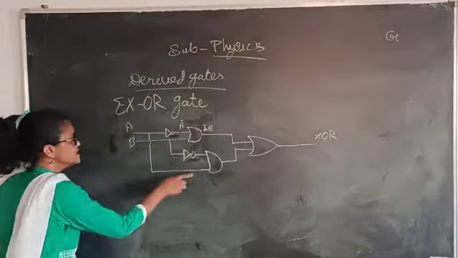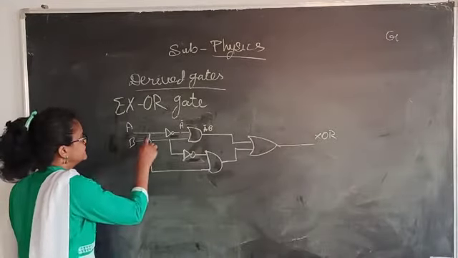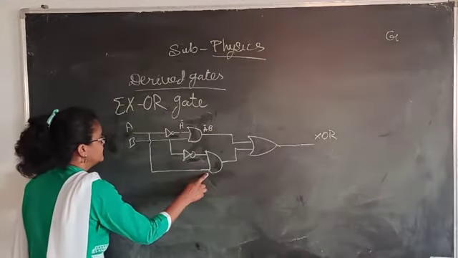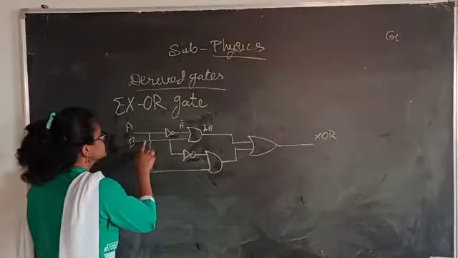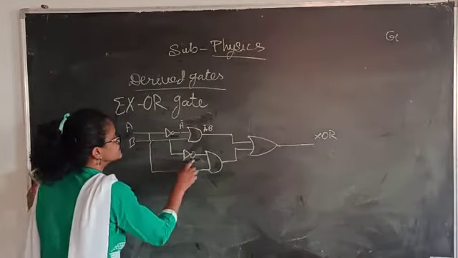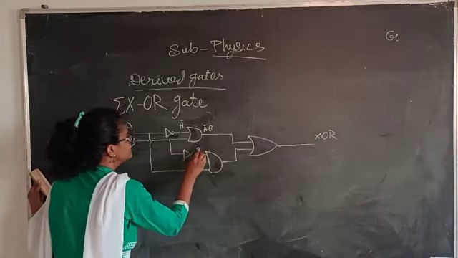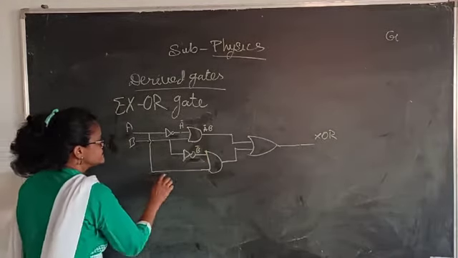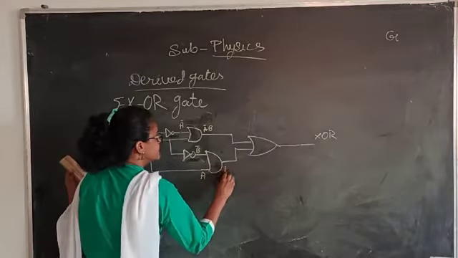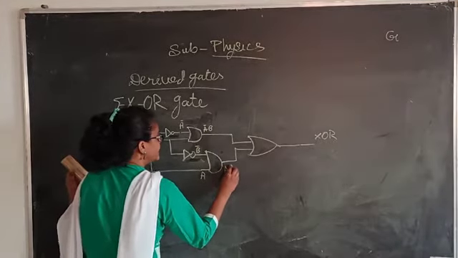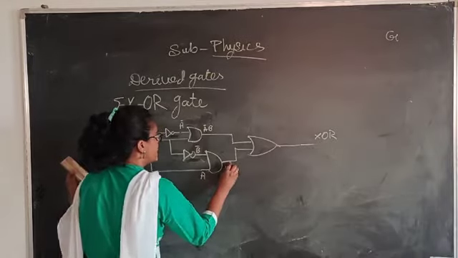So at this point, it is A bar B. Similarly for this AND gate, this is A, and this is B, with a NOT, so B bar, and this is A. At this point, it is A dot B bar.